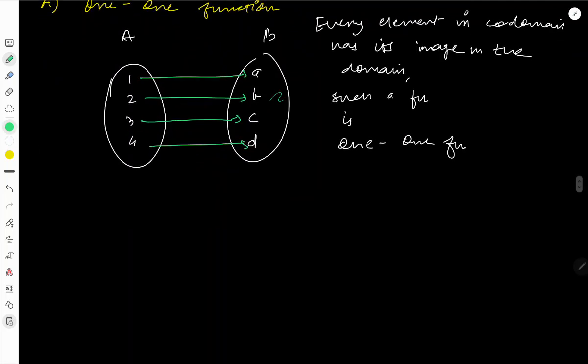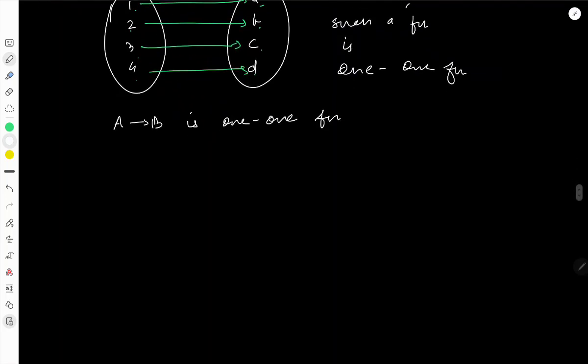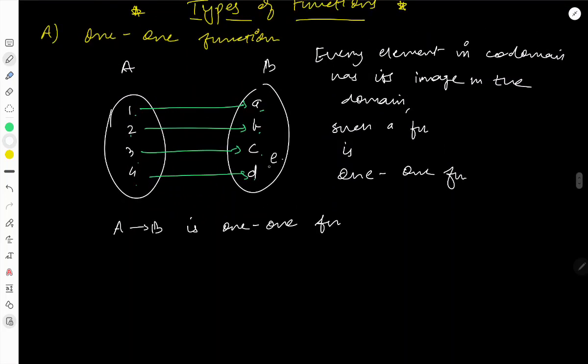So over here we can see that the letter A is connected to 1, B is connected to 2, C is connected to 3 and D is connected to 4. Now if I introduce E, and it is not connected to any element, it doesn't have an image in its domain.